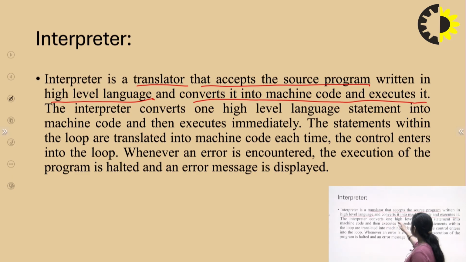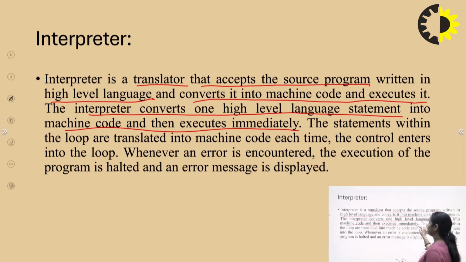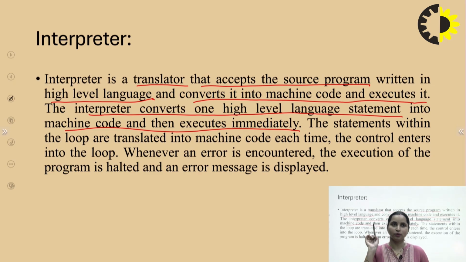The interpreter converts one high level language statement into machine code and executes it immediately. That is the twist. With the compiler, only if the whole program was syntactically error free was it converted to the object program or assembly language. But here the interpreter checks a high level language statement and converts it into machine code then and there, immediately, but that particular statement only, right?